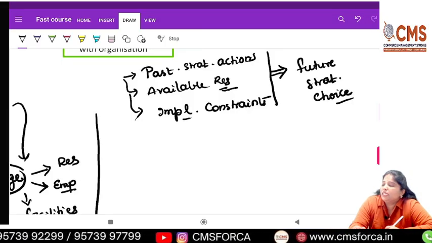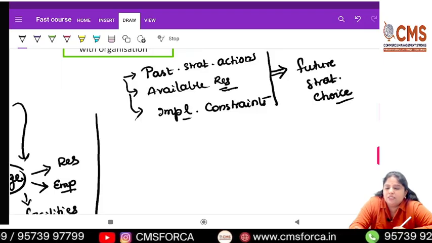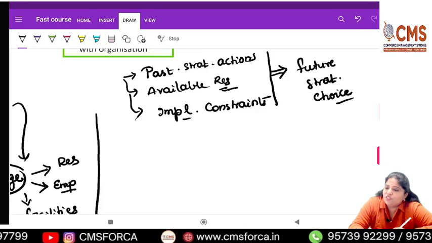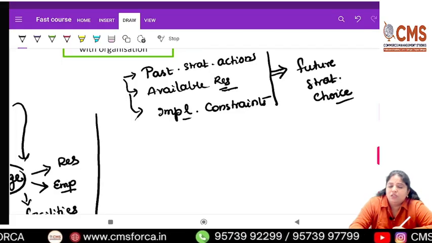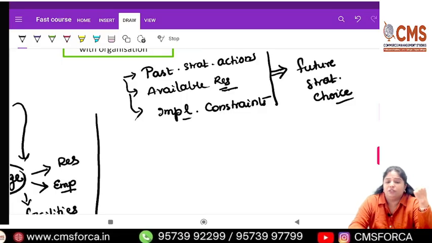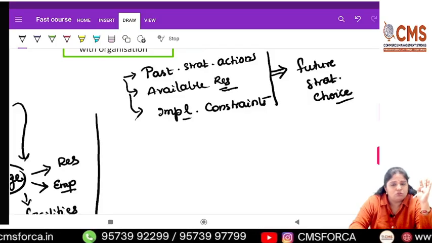But when you are making a strategic choice, what should be considered? Do not choose a strategy where massive changes are required in the organization. Too many changes are not good. That's not considered a sound strategy.